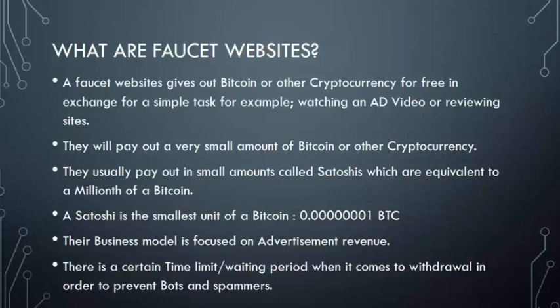If you don't know what bots are, they're just automated computers that do the tasks automatically and repeatedly, just to earn more money while saving energy and time from the actual user. So they'll make you do about 100 tasks, and they give you a waiting period, so that they reduce the number of bots and spammers on the website who just perform one task and then withdraw, because that just defeats the purpose really.